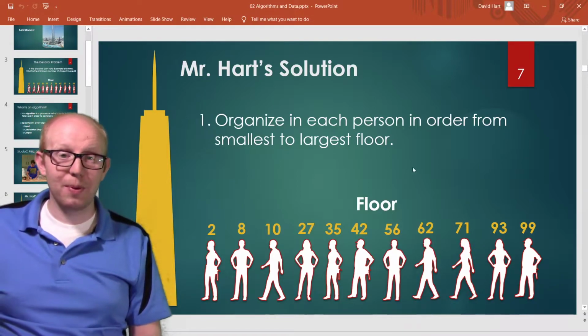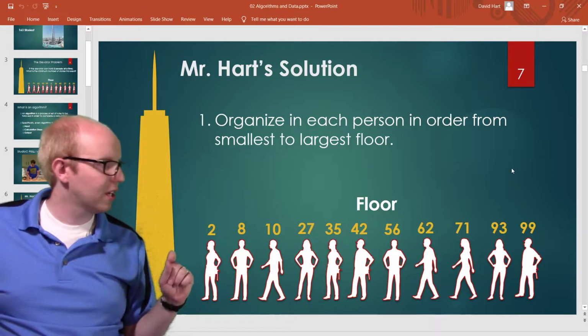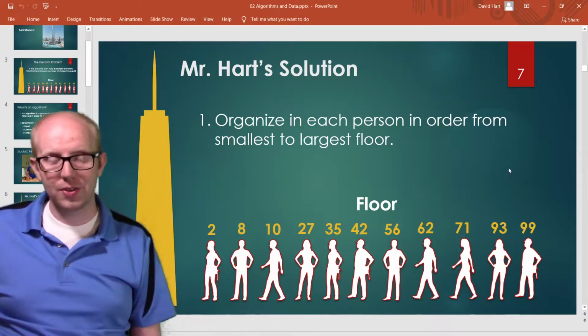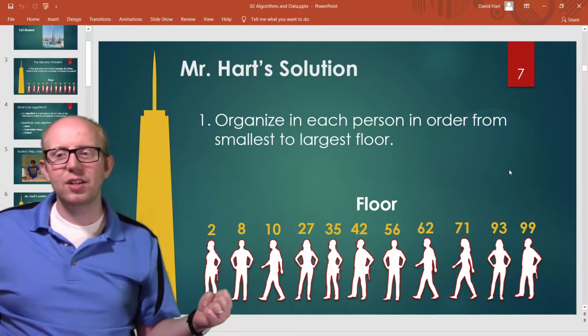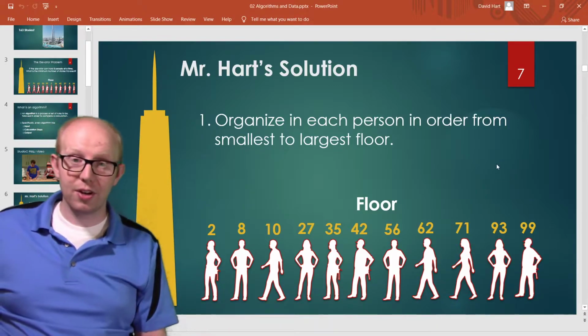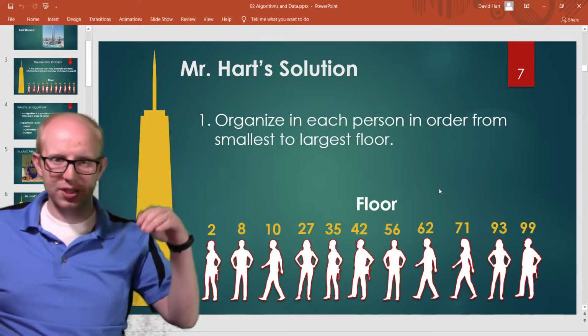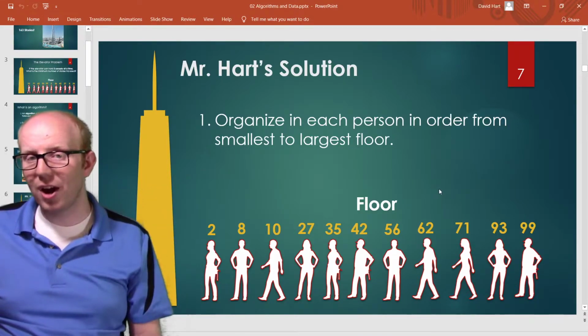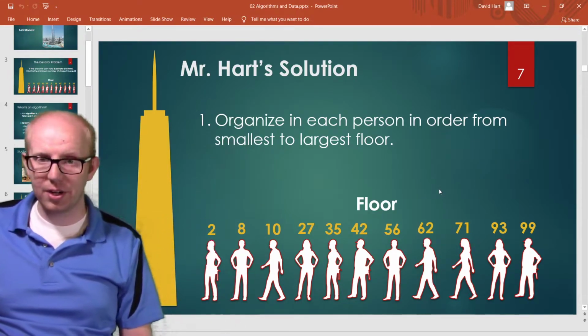So the first step of this algorithm is to organize each person in order from smallest to largest. That way you know how to group people effectively. You want to group people that have to go to similar floors in the same ride so that people aren't going on long solo trips up or down the elevator.